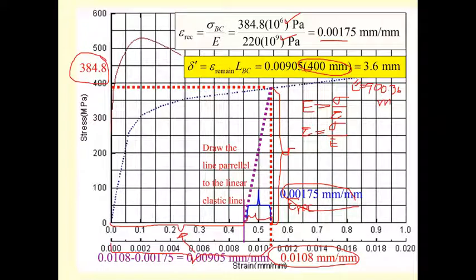Let me conclude that we start with a 900 millimeter ABC member, and then under the 68 kilonewton load it is going to be 904.8, and when you release the force, it's going to be 903.6. So 900 to 904.8 and 903.6.